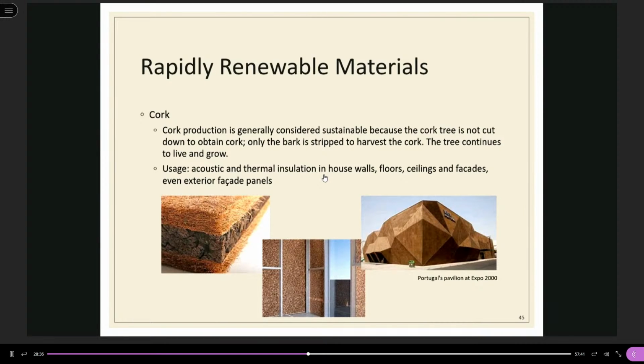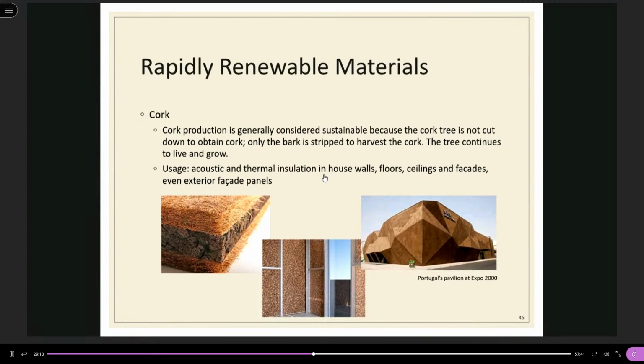Only the bark is stripped to harvest the cork. So only the surface is stripped. So the tree will continue to live and to grow. And then after some time, we can harvest, we can cut the surface to get the cork again. So the usage, we use it for acoustic and thermal insulation in the house walls, floor, ceiling, and facades, or even exterior facade panels.